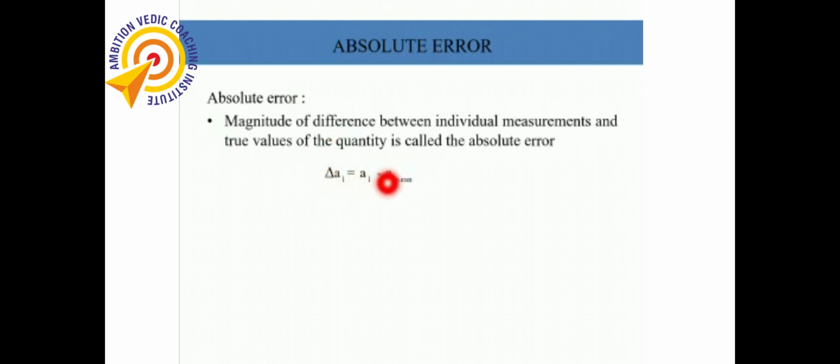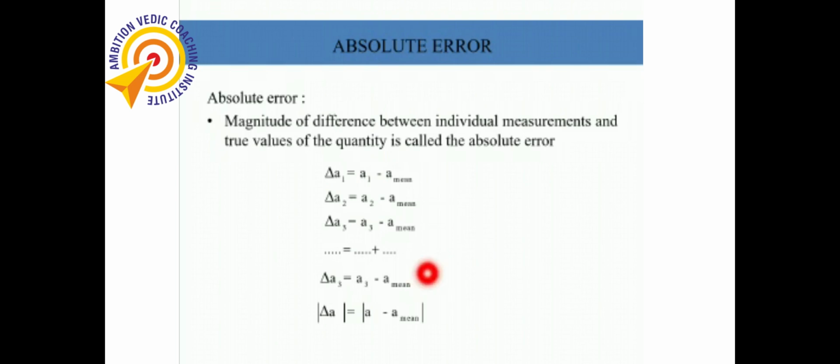So this is the absolute error in the first measurement, absolute error in the second measurement, absolute error in the third measurement, and every time we take a measurement, we have to take each and every value, and then we have to subtract the mean value from that. It could be less, it could be more, but remember the errors are always positive, so we always take the magnitude. I hope everyone is getting it.